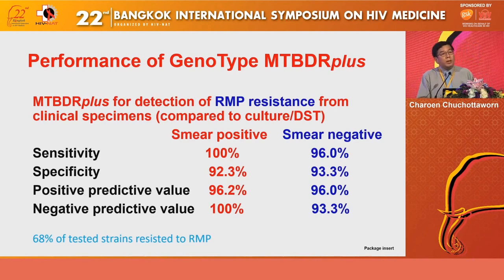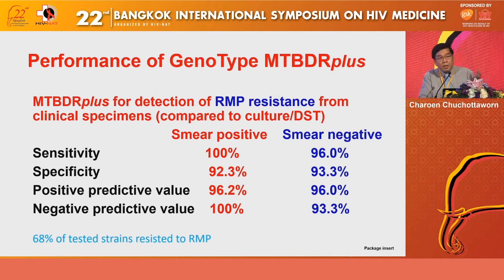But when you look into the detail of the study, they used about 156 strains to validate this sensitivity and specificity, and in that, they had 68% rifampicin resistant.